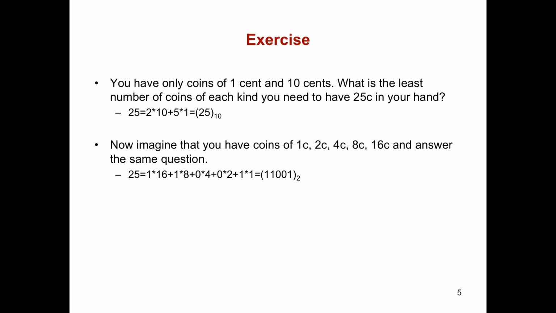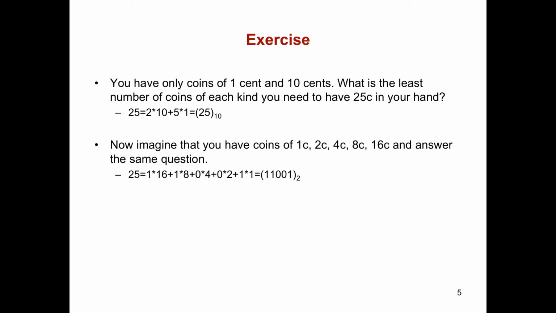So this is the binary representation in base 2 of my number 25. I can do this with any base. If I had base 3, I would work with 1, 3 to the 1, 3 to the 2, which is 9, 3 to the 3, and so forth.